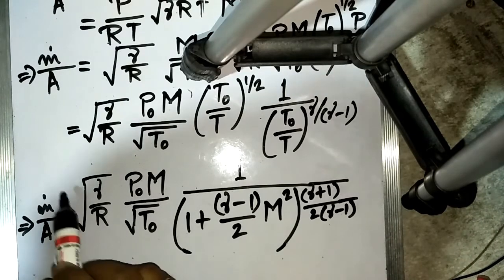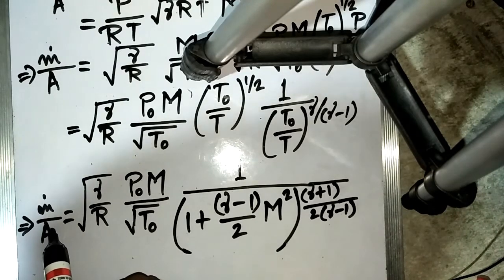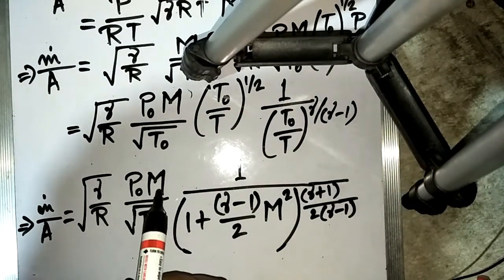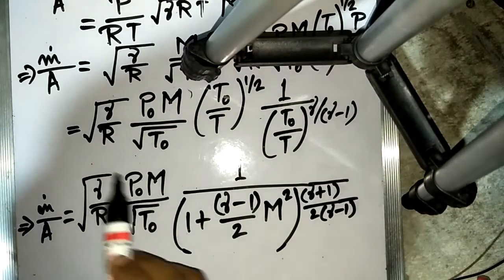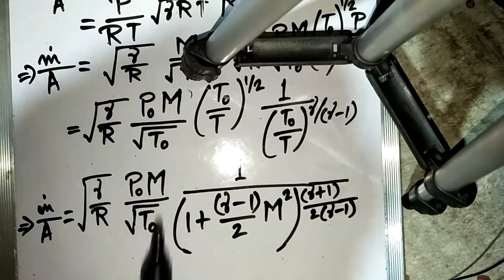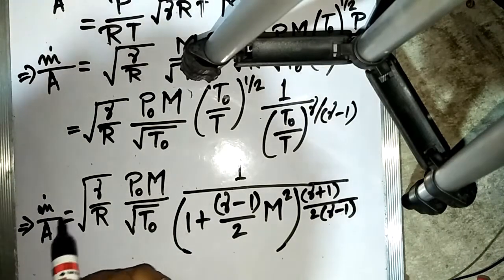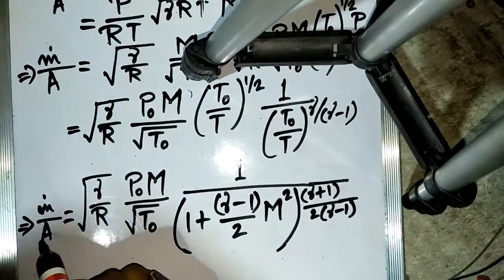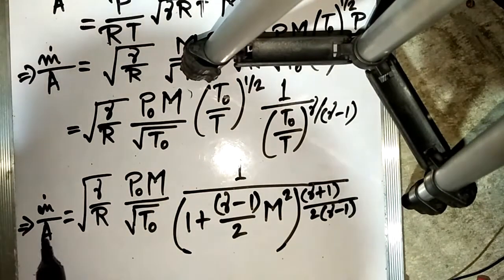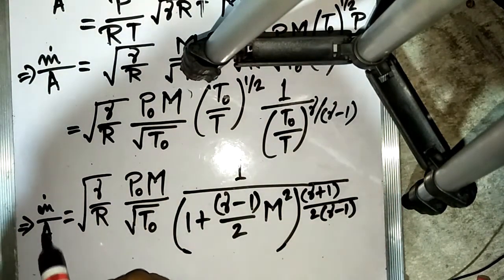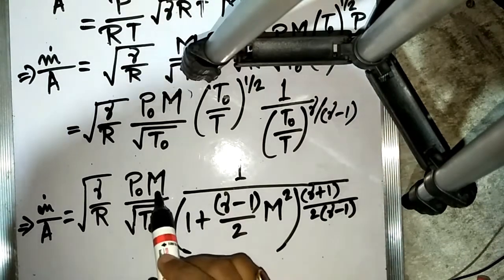So the mass flow rate by the area depends only on the value of M. To find the maximum mass flow rate by the area, we have to differentiate m dot by A with respect to M.